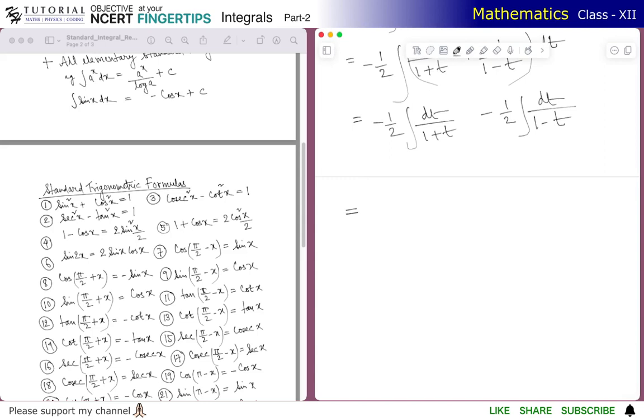So this is minus half log e mod of 1 plus t, and this will become plus half mod of 1 minus t, and the constant of integration. Okay, log e. I hope I am right.